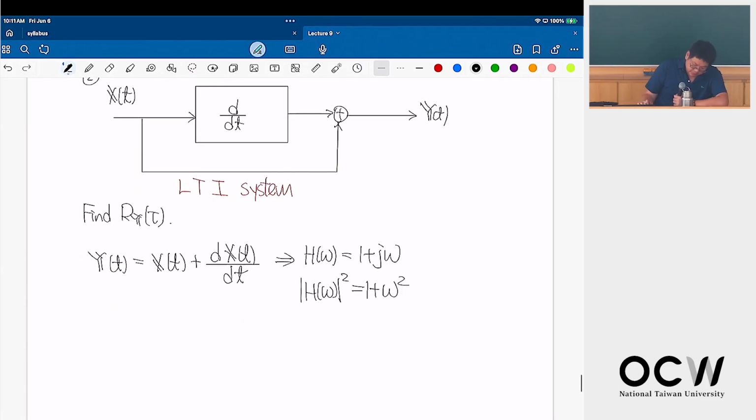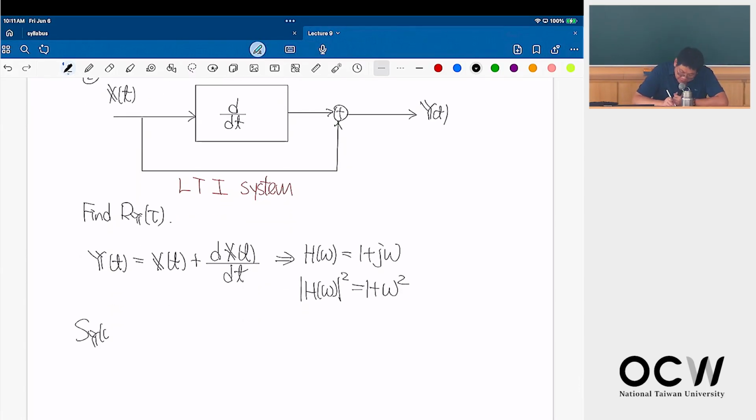So the power spectrum of y will be h, this magnitude times the power spectrum of x. That's 1 plus omega squared times 2 divided by 1 plus omega squared, that's equal to 2.